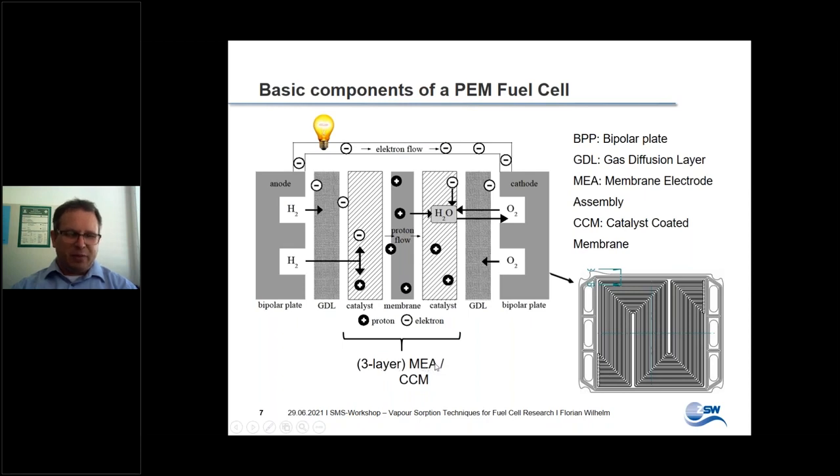This is the 3-layer MEA. Some people also understand the 5-layer MEA, including both GDL layers, as an MEA, whereas CCM is only used for these 3 layers in here. So that's the membrane with the 2 catalyst layers. That's, so to say, the core component of a fuel cell. Yeah, maybe that for the basic functionality.